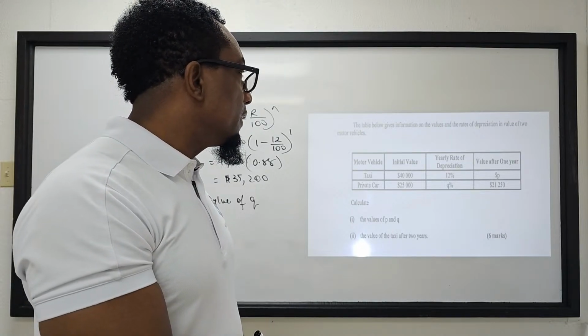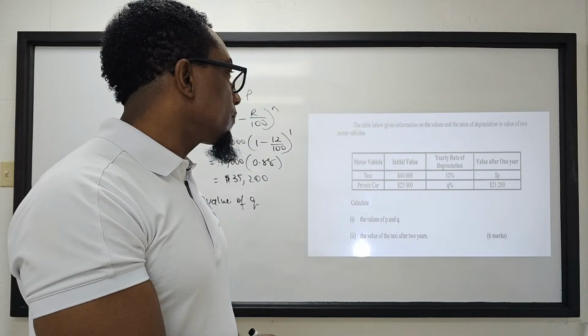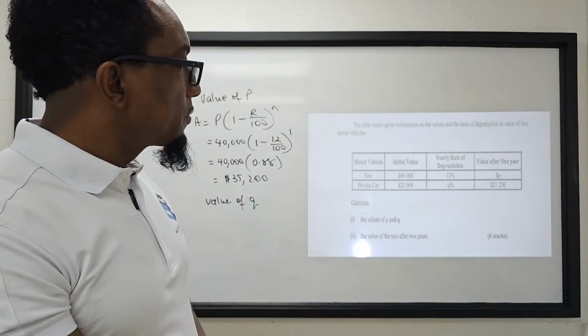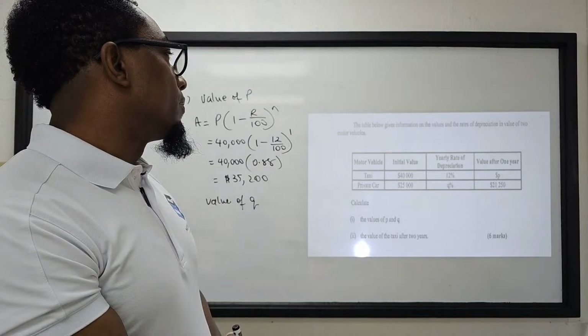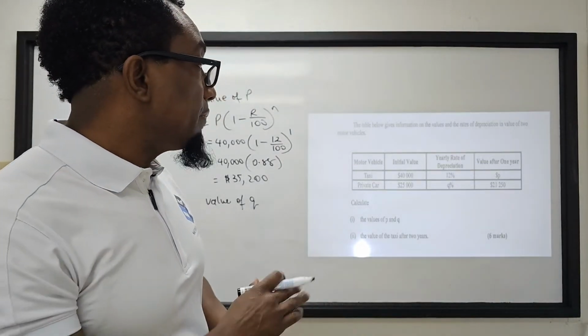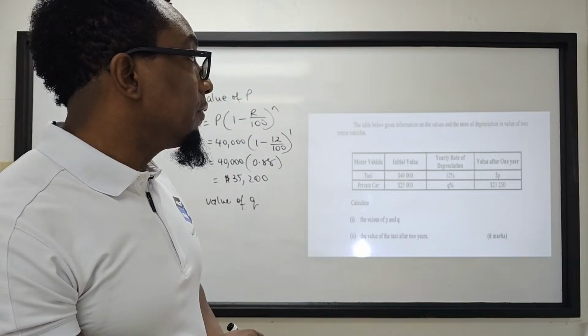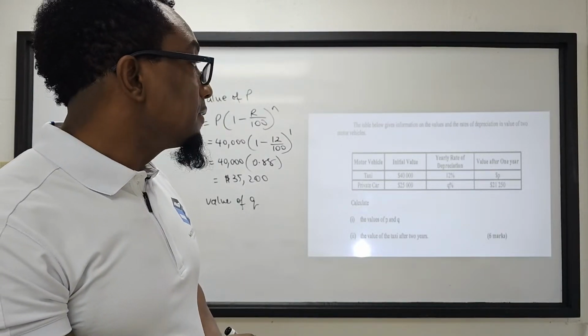we can determine first, or we can compare, if we have to determine the rate of depreciation for $21,250, right?